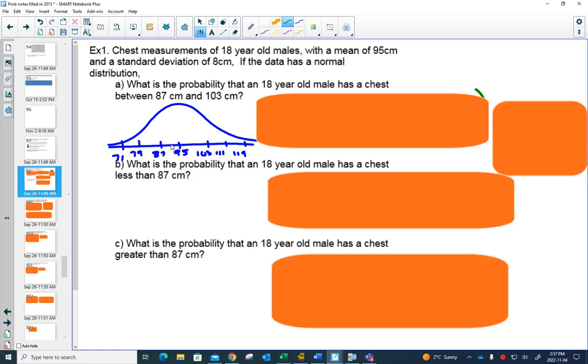Then 87 to 103 would be from here to here. And I like to use a crayon, so you might want to bring crayons to class to shade that in.